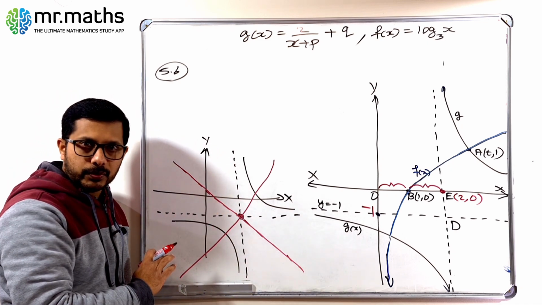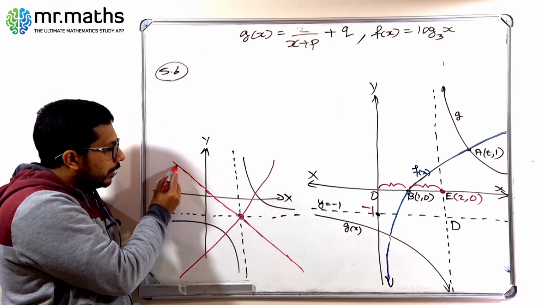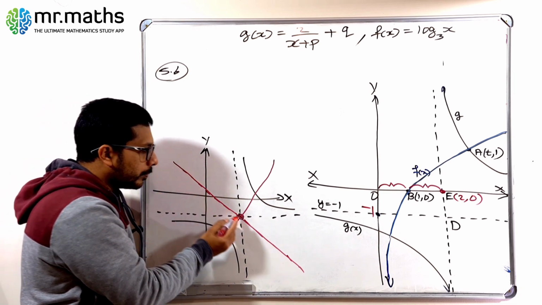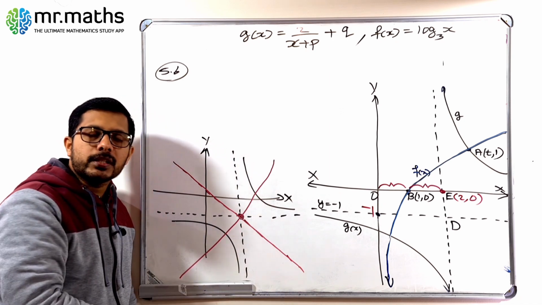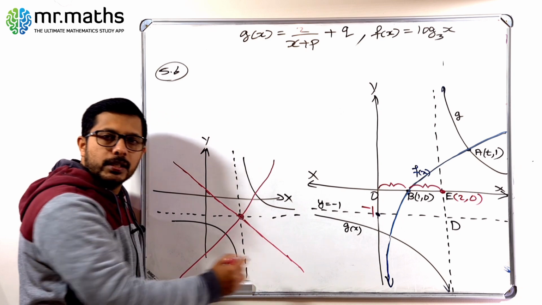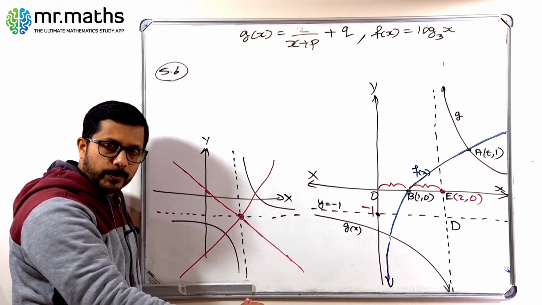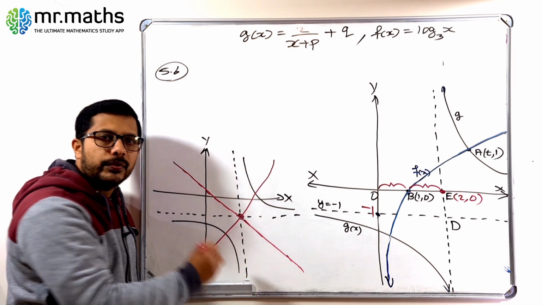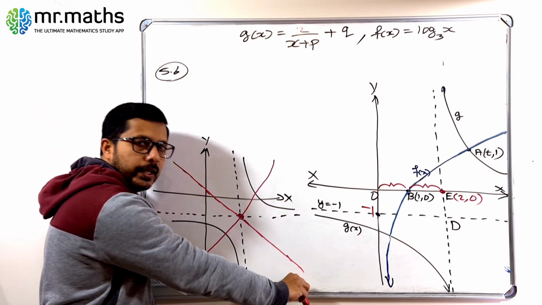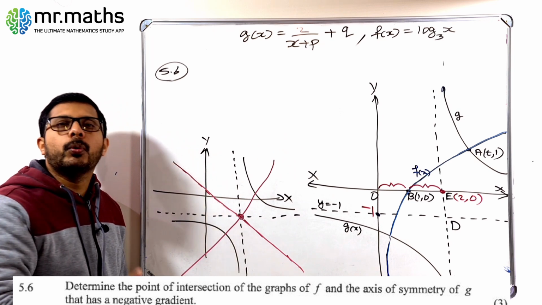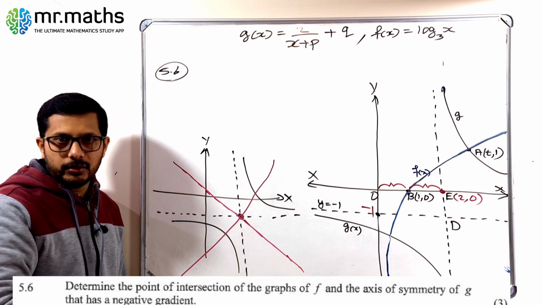Do you understand that one? Here you can see that this axis of symmetry is a straight line. This axis of symmetry is decreasing. That means what is the gradient of that line? Since the graph is decreasing, the gradient is negative. So this one is an axis of symmetry having negative gradient, and this one is an axis of symmetry having positive gradient. You understand?